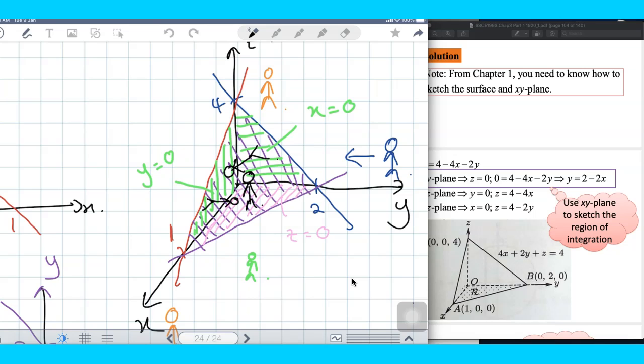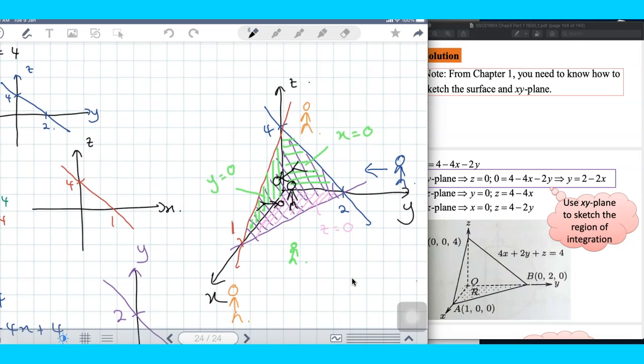The reason I'm asking is that maybe some of you use a different orientation. Maybe some of you choose this one to be Z, this one to be X, and this one to be Y, depending on your understanding and your imagination. So maybe some of you will have a different orientation.